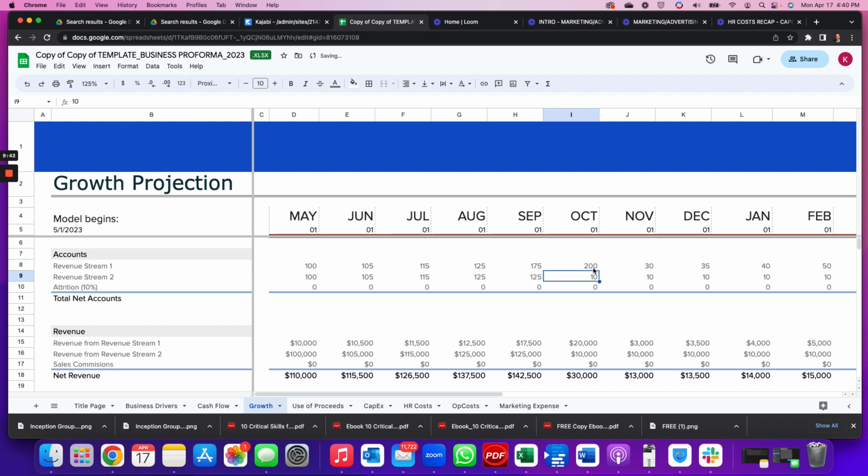And let's say that because of that, we start putting more resources and more advertising dollars into that product, so that maybe in November we realize, hey, this is a big money product for us. Let's reallocate our funds and let's try and bump that to 250, and then 300, and then 400.